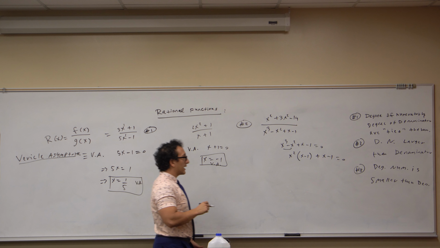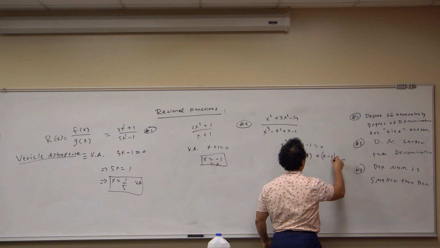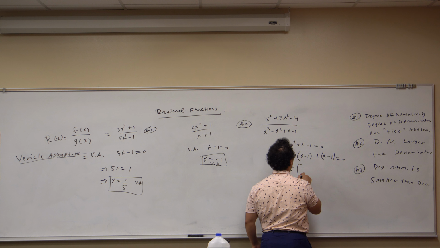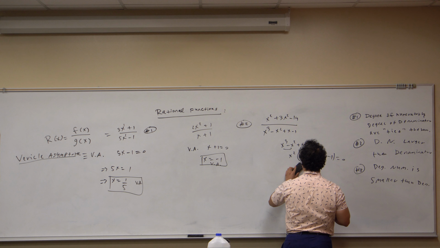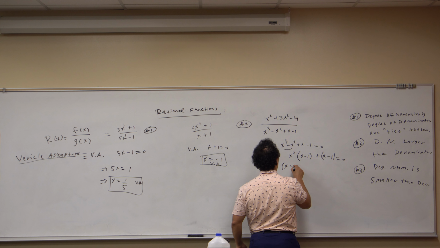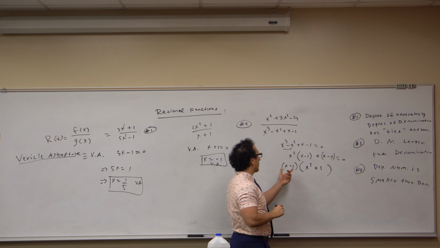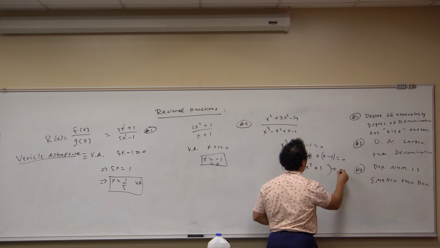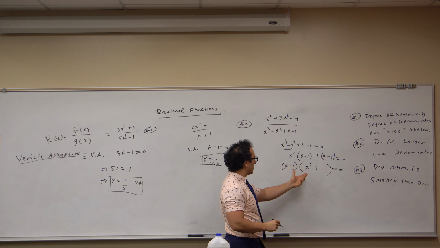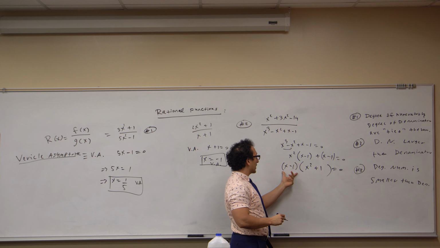This may be represented as x squared plus 1 times the quantity x minus 1, because when the quantity x minus 1 is distributed into this, I restore the original value. Here it's x squared times x minus 1, and here is just x minus 1.